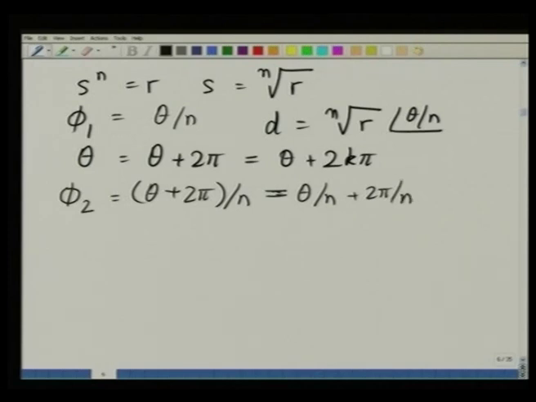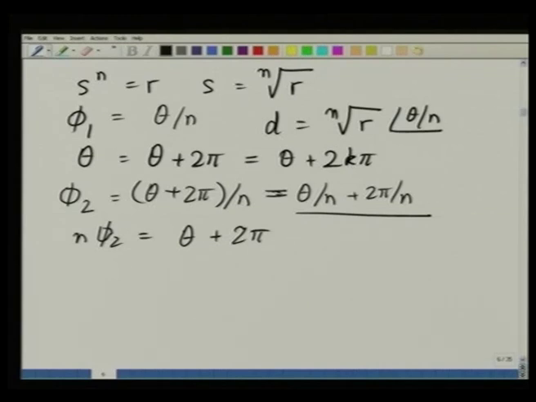Now, this quantity theta by n plus 2 pi by n is quite certain to be different from theta by n, because we have another angle 2 pi by n added to it. But what happens is that when we multiply phi 2 by n, we will get n phi 2 equals theta plus 2 pi, which comes out to be the same angle as before.